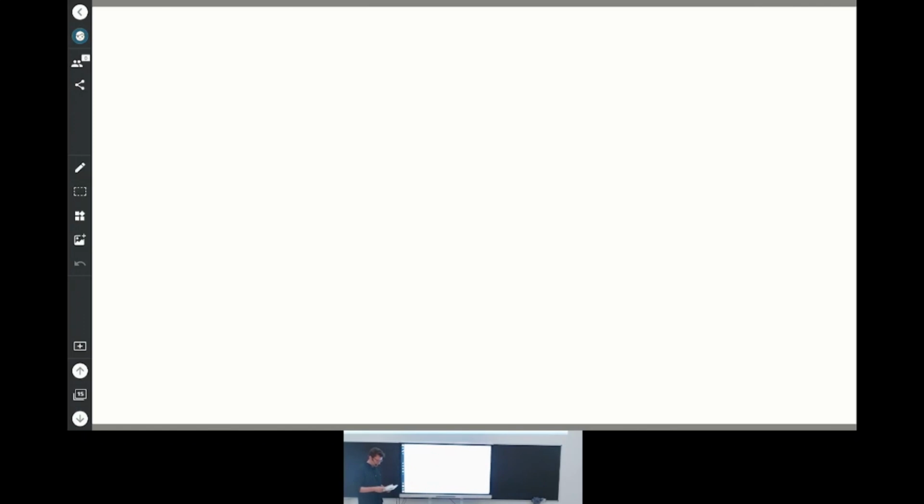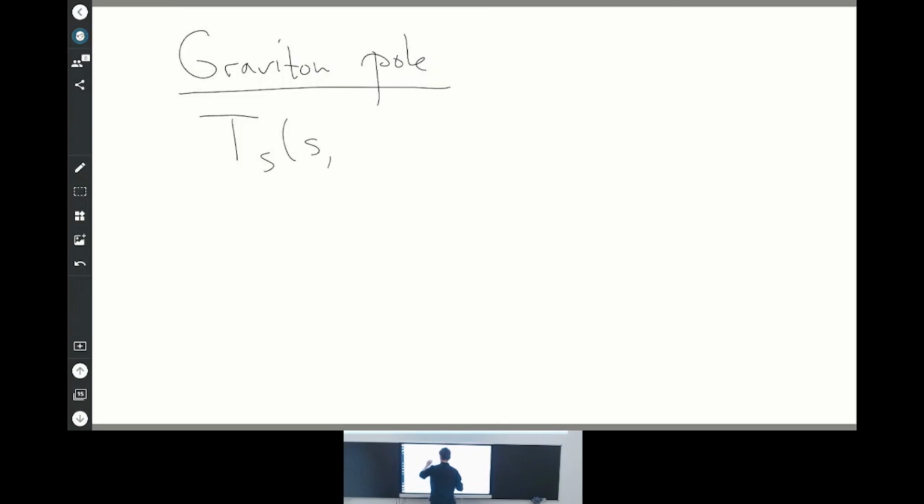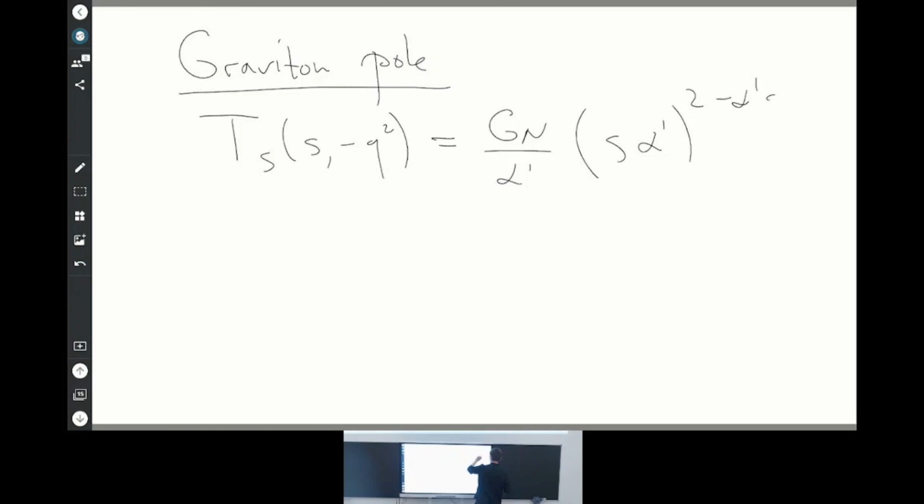Another comment next, which I wanted to briefly discuss, is a question about graviton pole. Last time we did this exercise where we reproduce a graviton pole through dispersion relations, but you know that if you take a string amplitude and you look at its discontinuity, it looks like something like this: G Newton, alpha prime, S alpha prime 2 minus alpha prime Q squared.